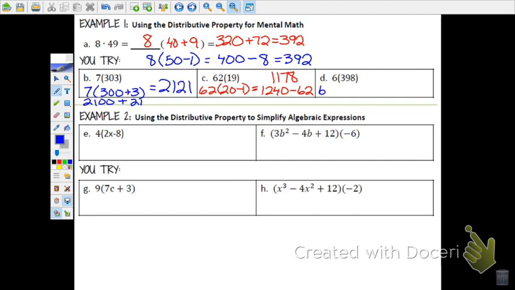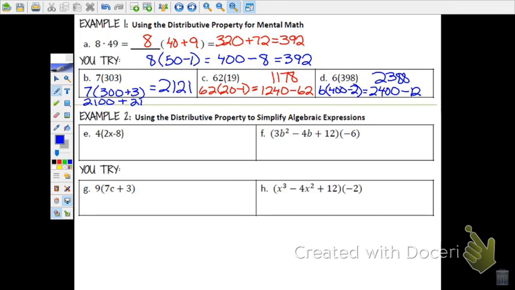I again prefer the subtraction, 400 minus 2. 6 times 4 is 24, add the 2 zeros, minus 6 times 2 is 12, which gives me an answer of 2,388.